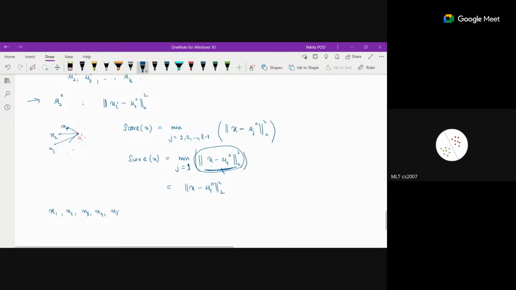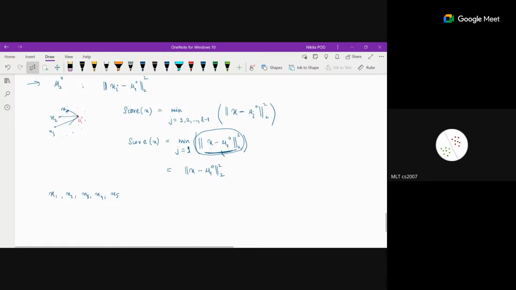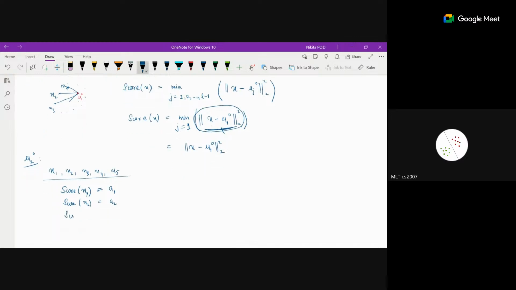Now, I am trying to find mu2 naught. Let's say the score of x1 I get to be a1, score of x2 is a2, score of x3 is a3, score of x4 is a4, and score of x5 is, let's say, a5. These are the scores that we obtain.